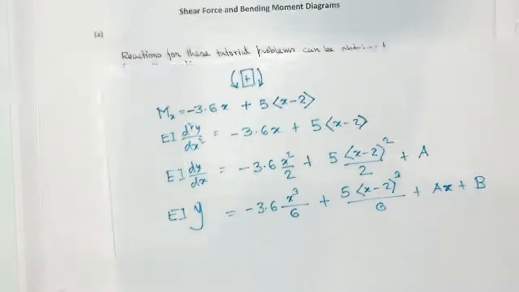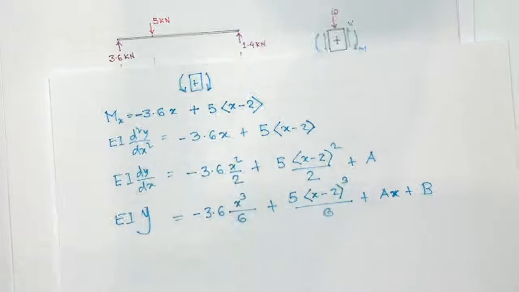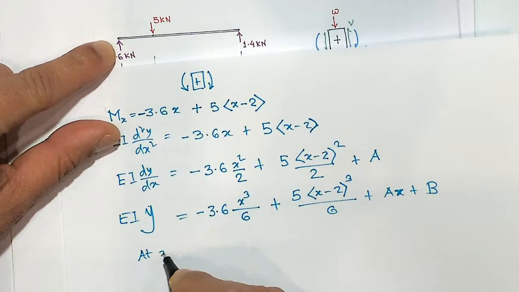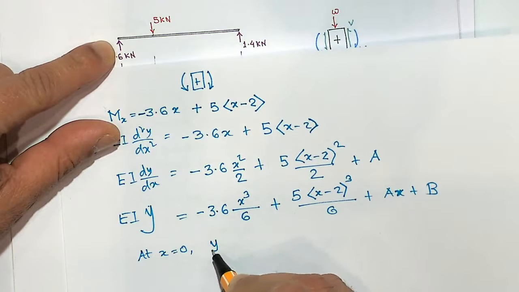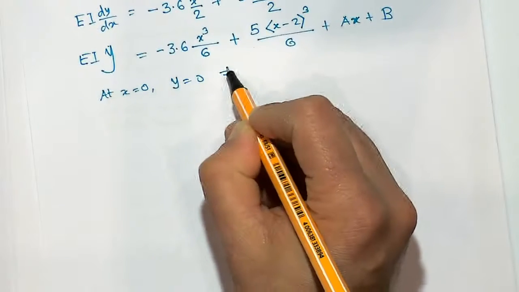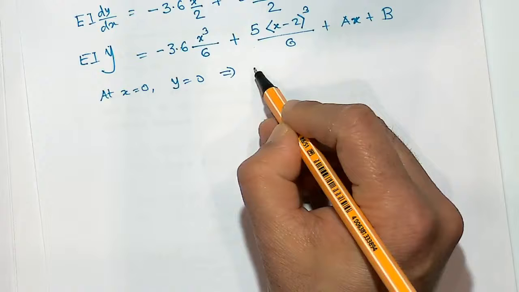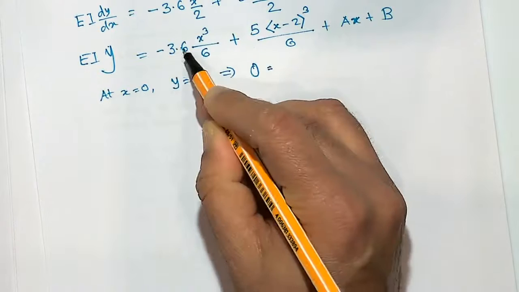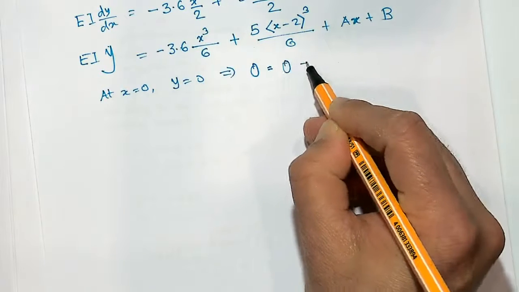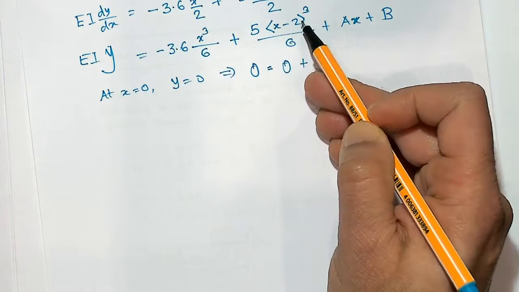Now that's it. A and b I can find out from the known boundary conditions. So at x equal to 0, y equal to 0. So that means now you have to be careful. At x equal to 0, y equal to 0 means I am going to put in the value here: 0 is equal to, now this is 0 if I put x equal to 0. And this is 0 anyway, because this is not (0 minus 2) cube.